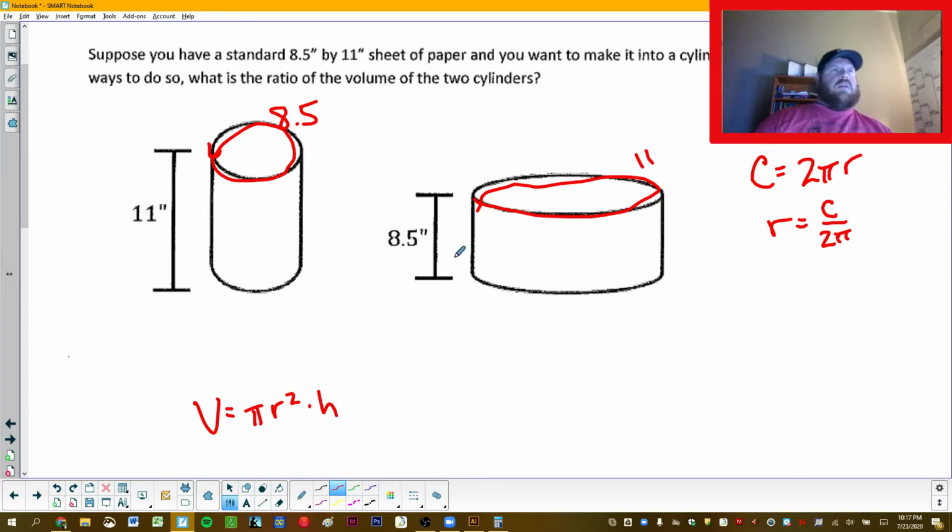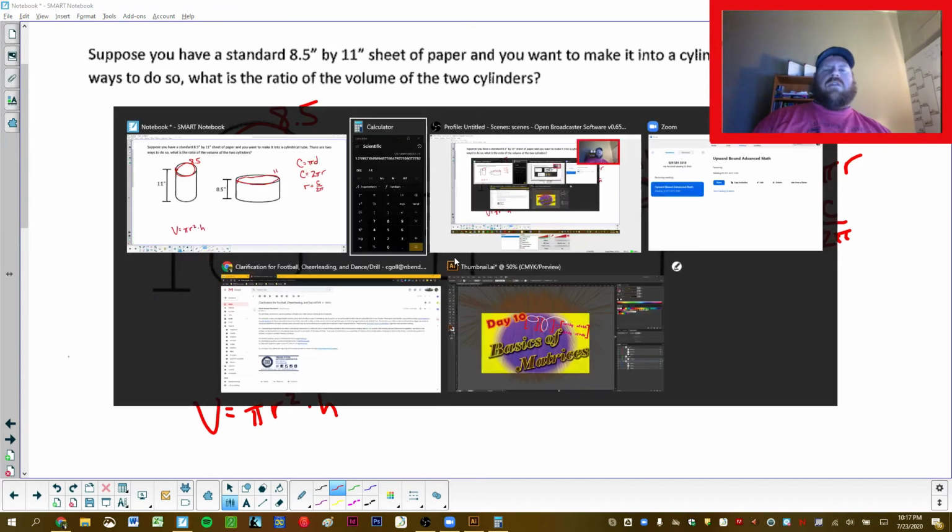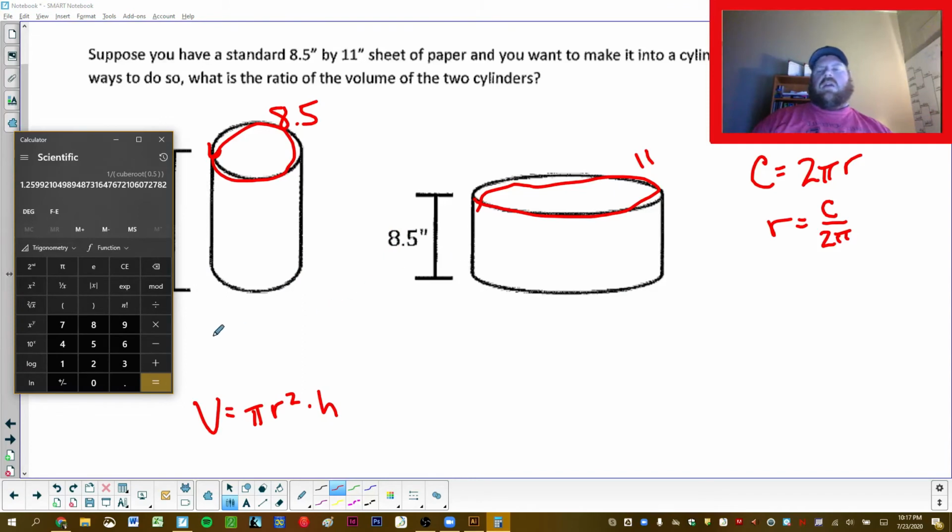You might not get an exact volume to whatever level of accuracy you want, but you're going to know which one's bigger, let me put it that way. So for the first one, my circumference is 8.5, and I want to divide that by, I'll use my pi button. So that's 2 pi right there.